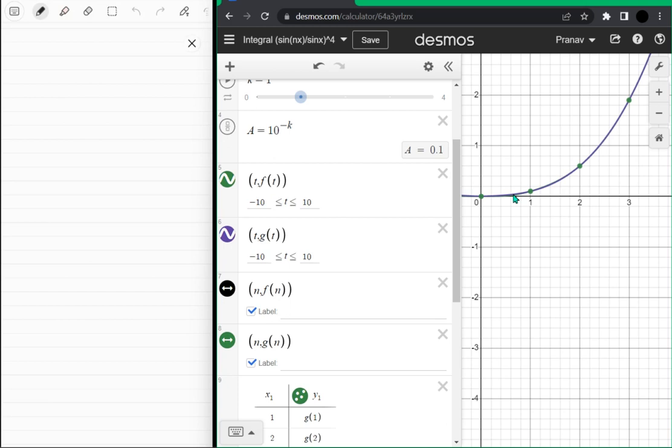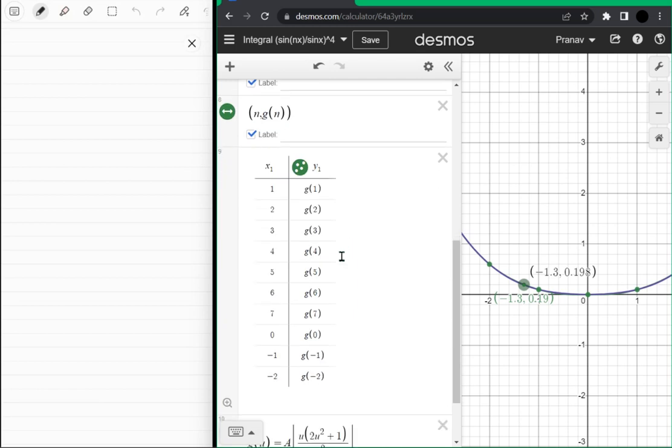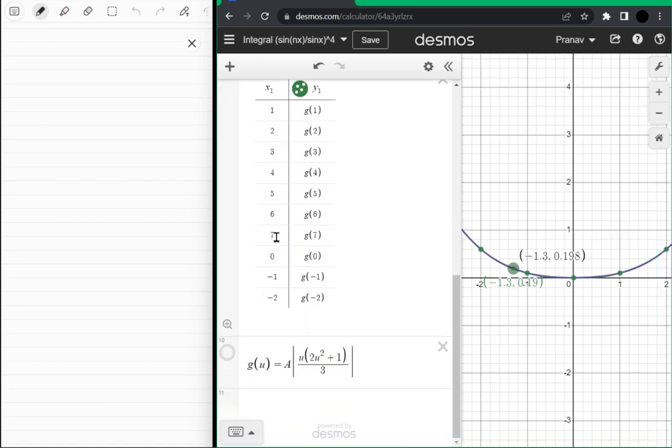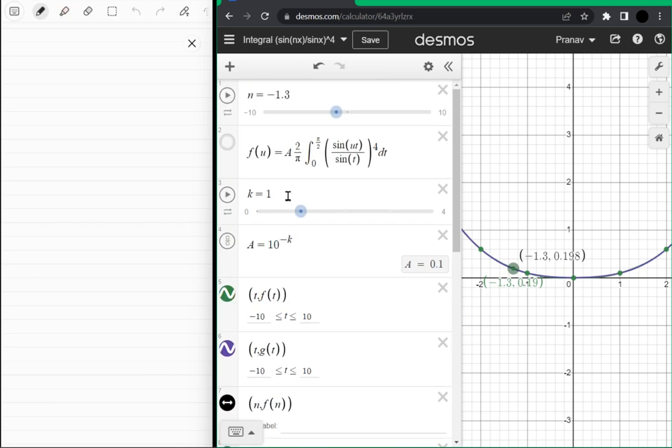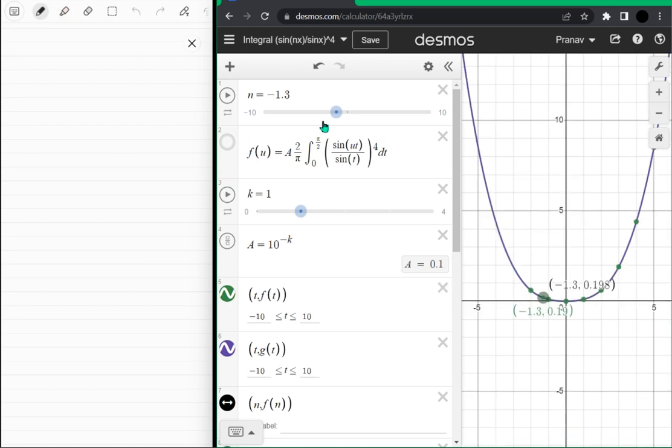So that's cool. I even plotted out some of these points. At n equal to 1, you have g of 1 as the value of that integral. Understandable.